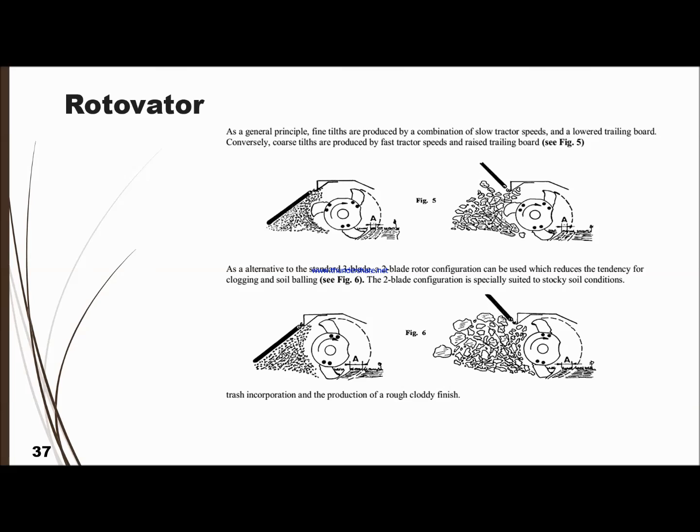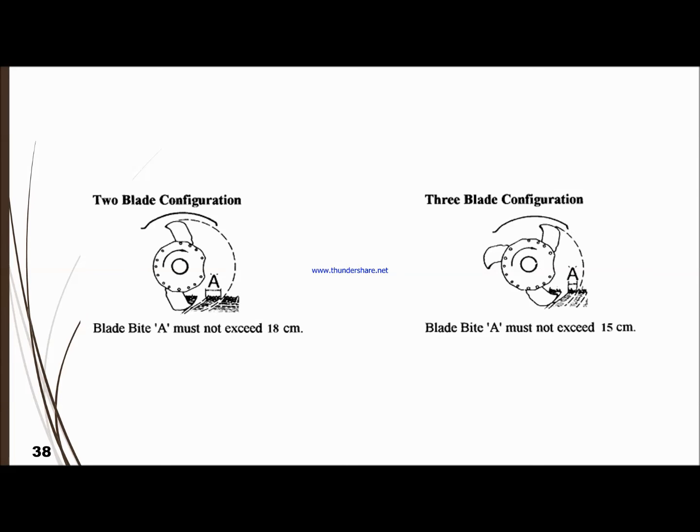So this is one of the best examples on the rotavator. As you can see in figure 5 and figure 6, it pulverizes the soil and incorporates all the mixing material, because all the soil will be forced and then hit the plate behind it, so they will be able to break it down into small pieces.